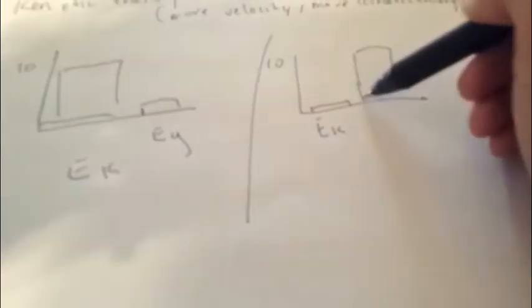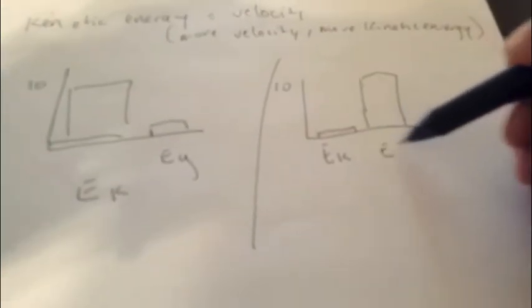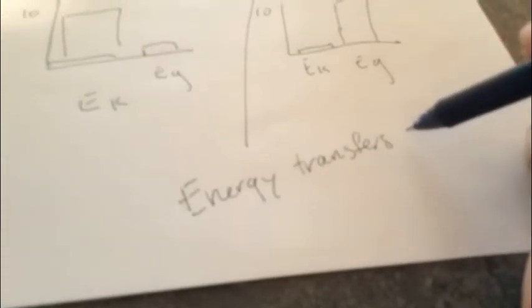But once it got to its highest point, which is our moment in time B, there was no kinetic because the ball wasn't moving, and there was a lot of energy in the gravity field because it was at its highest point. The energy transfers during everything. So it transferred from kinetic to gravitational.